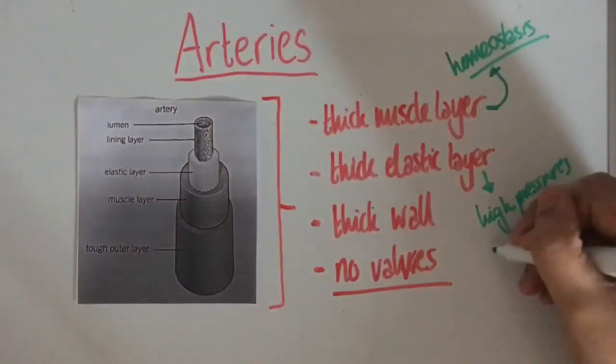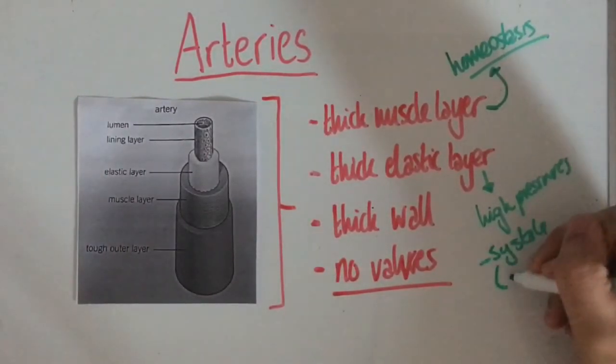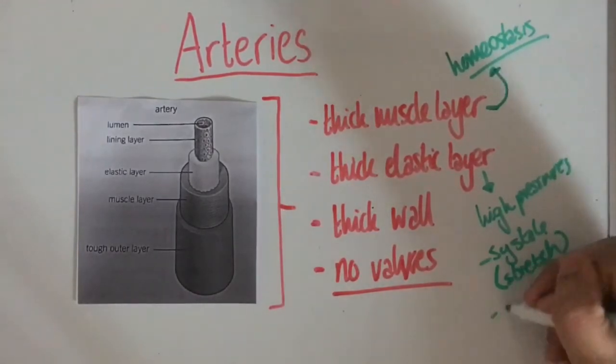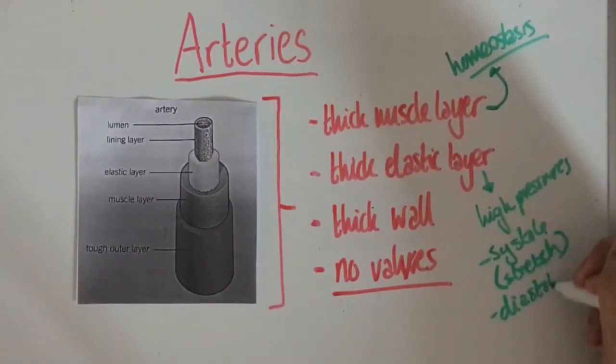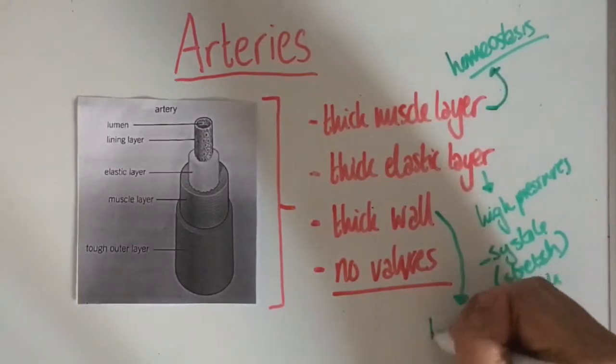So during systole, you will have a stretch, and then as they relax in diastole, they will recoil again. And the thick wall is there to keep the vessel intact.